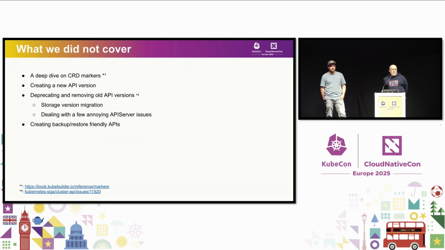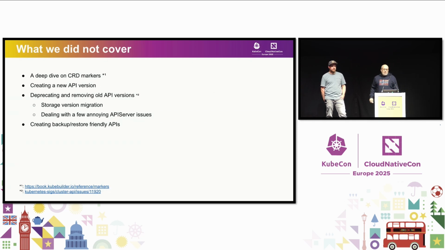But there are really many of them. There is good documentation, the link is there, but again, the trick is: apply a marker, generate your CRD, look at what it looks like in the OpenAPI spec, and test it in the API server. It's simple and very effective.